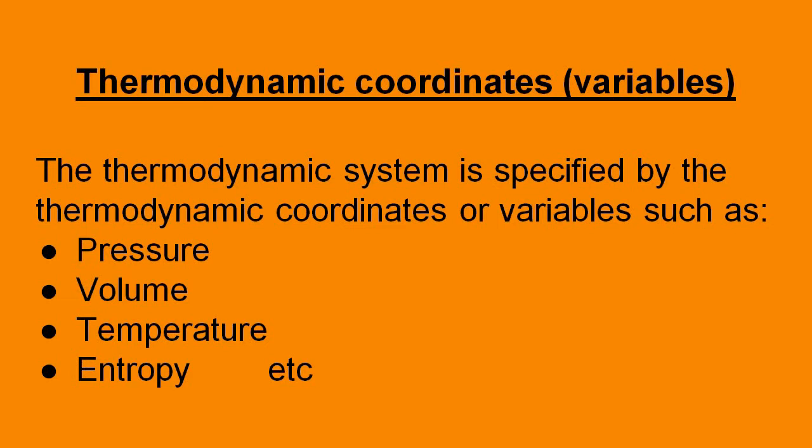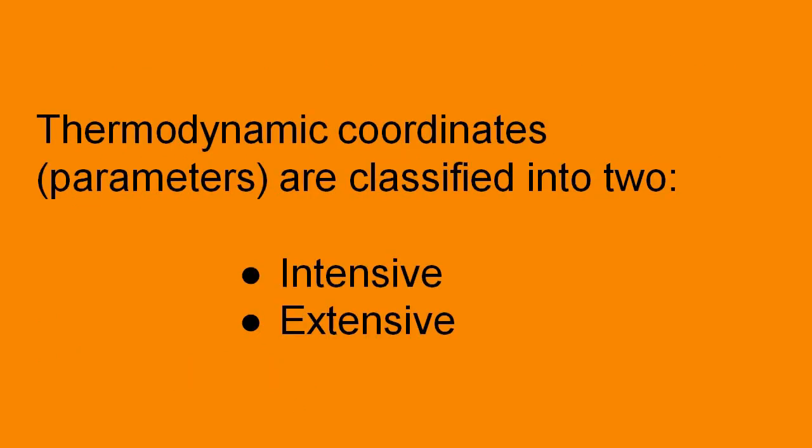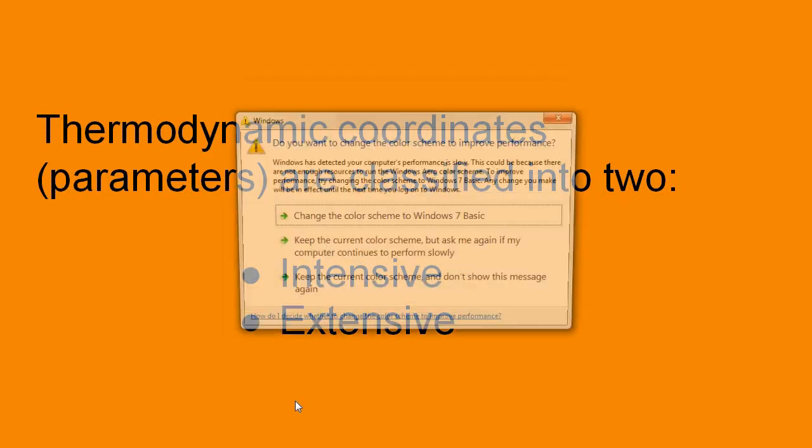And the quantities or variables we are using are pressure, volume, temperature, entropy, etc. And the thermodynamic coordinates or thermodynamic variables or thermodynamic parameters are classified into two: intensive quantities or intensive parameters and extensive parameters.